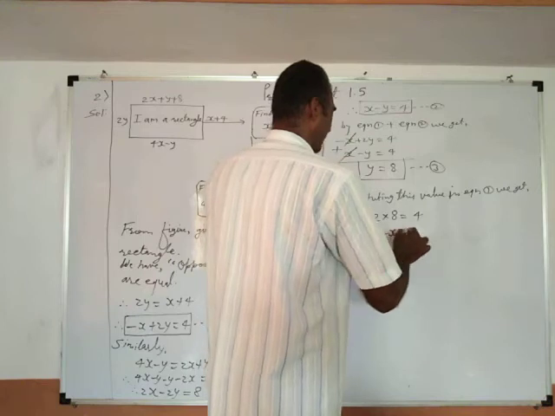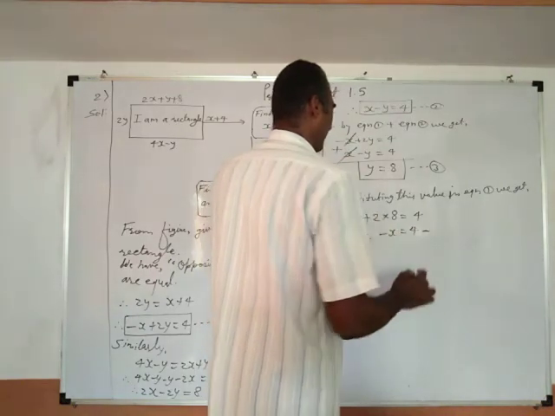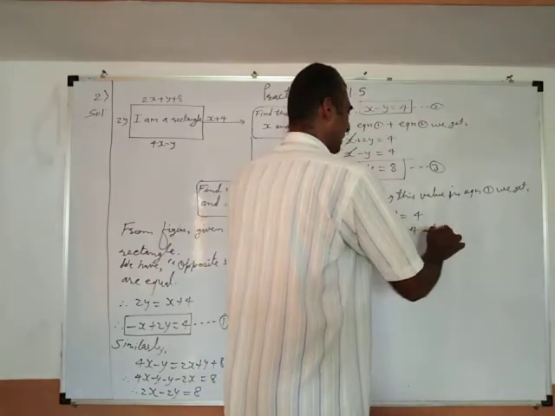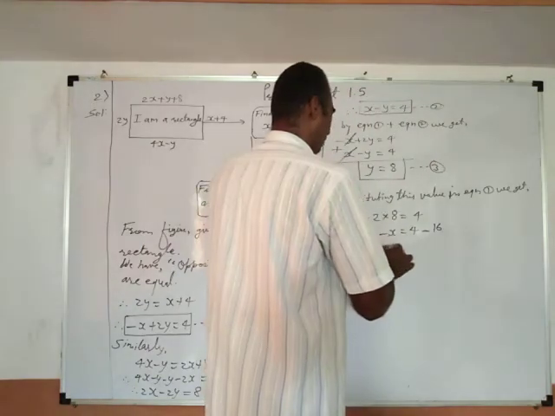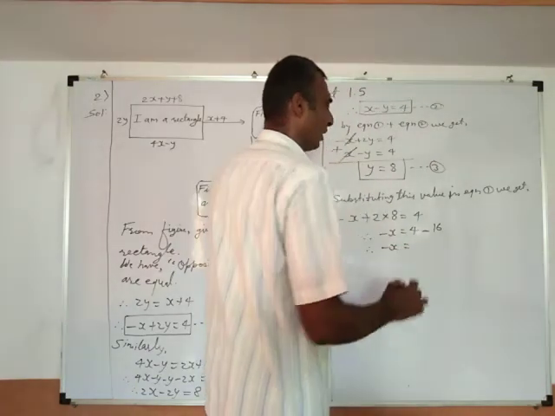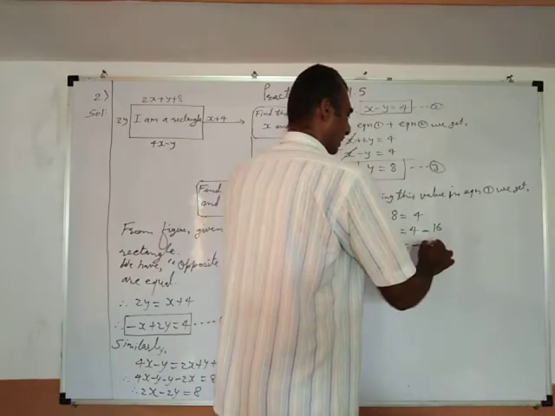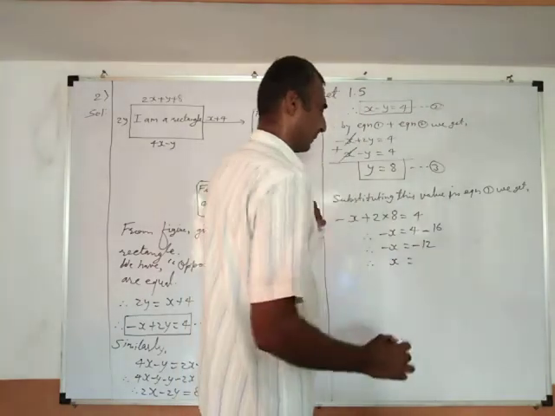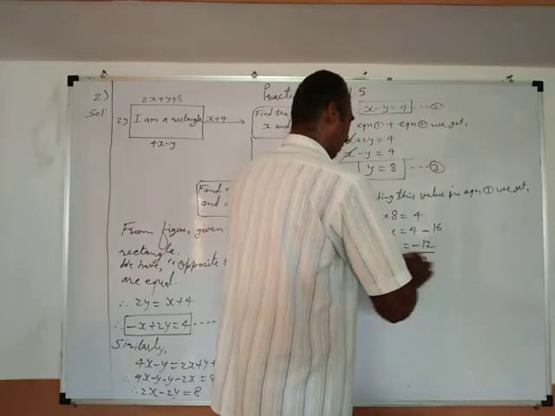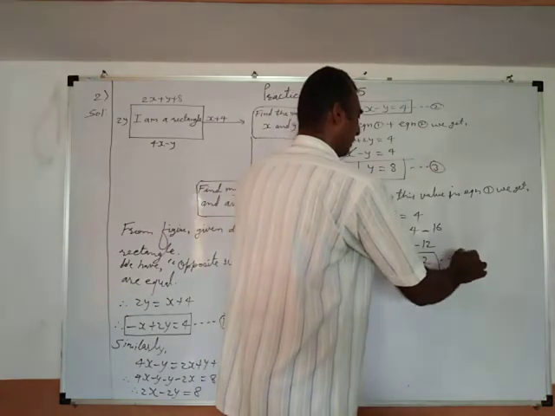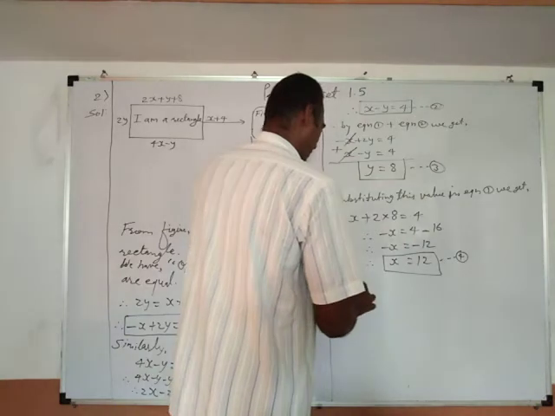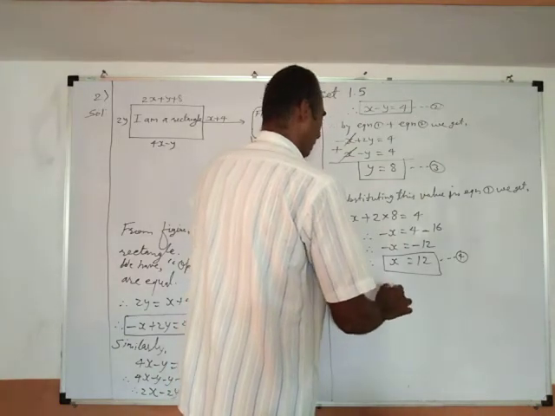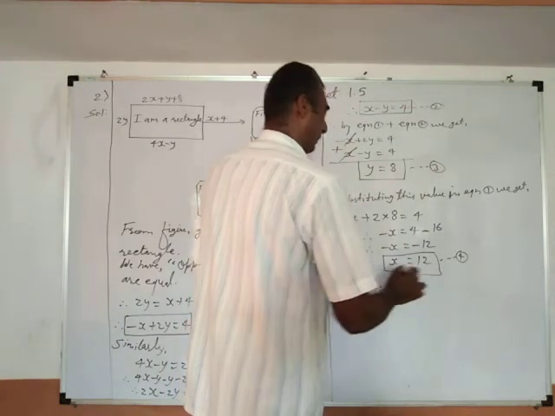Therefore minus x must be 4 minus 16, nothing but minus 12, and therefore x equals 12. Equation 4th, and therefore x equal to 12, y equal to 8.